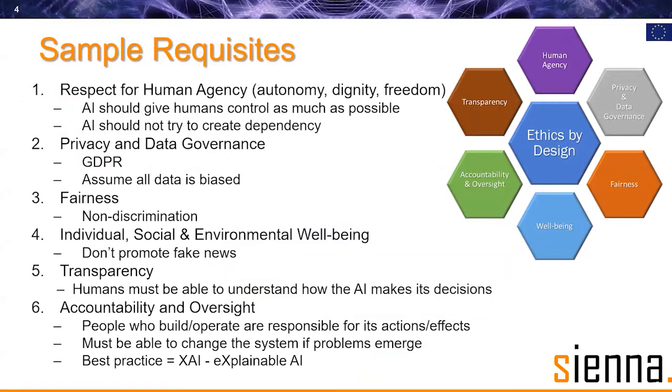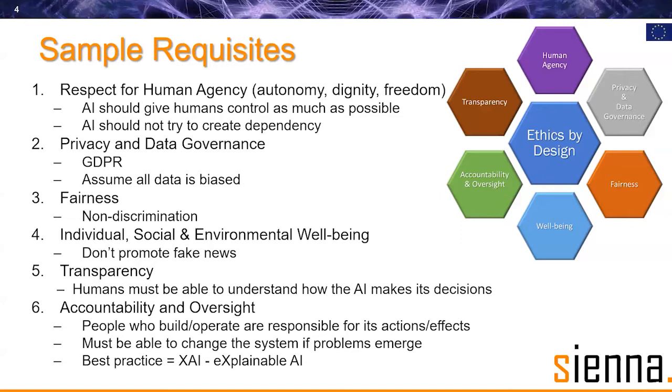So Philip's gone over these briefly, but just as some examples, we've talked about things like the requirement that an artificial intelligence give humans as much control as possible, that they don't try to create dependency. So the value here is a respect for human agency, things like autonomy, dignity, and freedom. The requisites that an AI system should embody are then things like it should give people control.